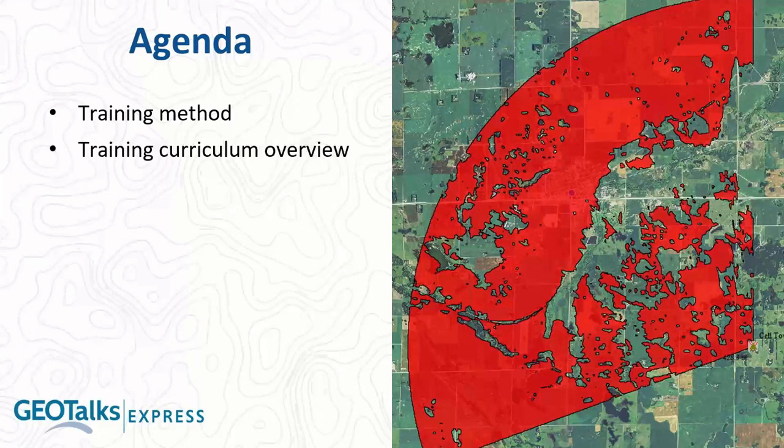We will then give you an overview of our curriculum. What do we cover in training? What's involved? We'll go down a bullet list quite literally and show you the contents of what would be delivered in our Global Mapper training class, not only for Global Mapper, but also for the Lidar module. We'll talk a little bit more about that later. We'll also introduce our training materials. What do you get when you sign up, when you are ready for your training class?